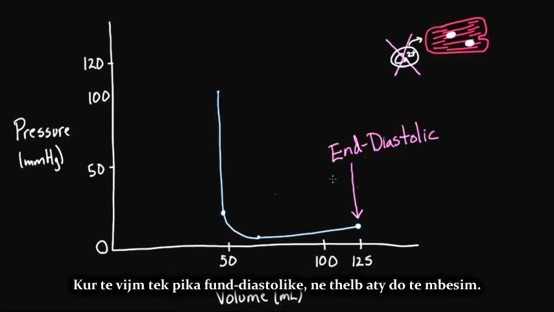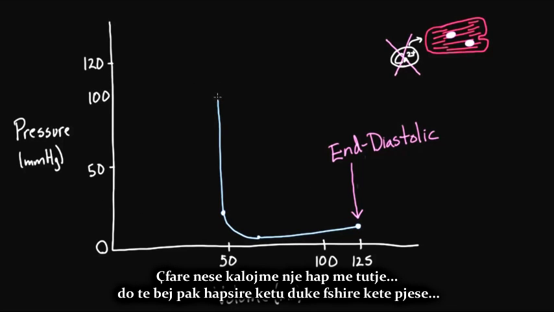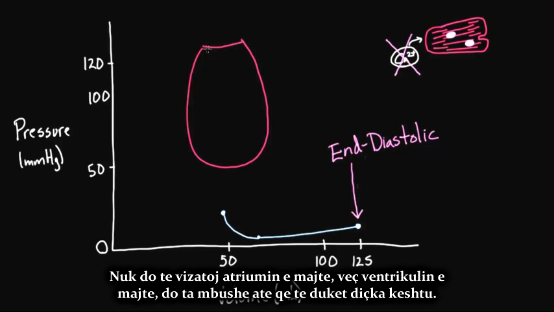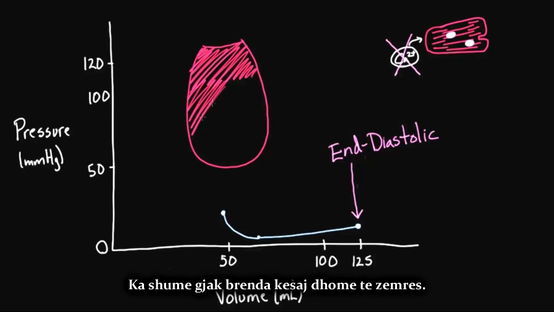So when you get to that end diastolic point, instead you'd be basically stuck in limbo, right? Now, what if I took it one step further and I said, well, I'm just going to make a little space here by erasing all this. What if I now draw for you the heart? Let's draw the left ventricle out like that. And I'm not going to draw the left atrium, just the left ventricle, and I'm going to fill it in to look something like this, right? So you've got lots of blood inside of that chamber of the heart.